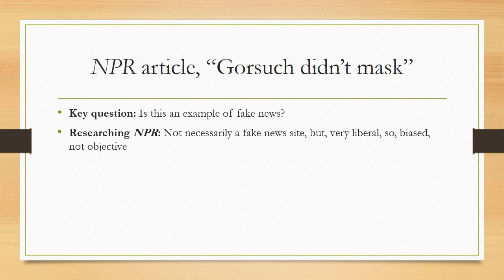So this is a good example of looking at every piece you read contextually, on a case-by-case basis. Like I said in part one, sometimes Vox can be useful, but not in all situations. NPR is probably reliable much of the time. Some of the time it is actually liberally biased, and some of the time it's actually conservatively biased. This particular article, just by reading a few paragraphs, you can tell is very liberally biased.